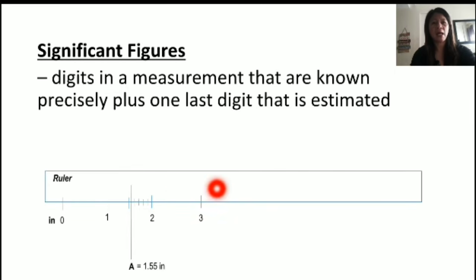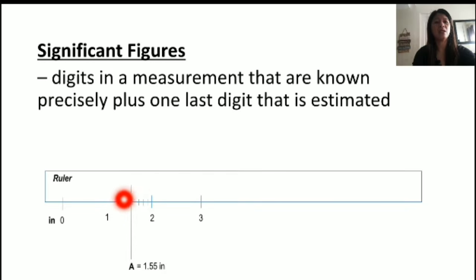If it is exactly along this line, exactly between 1 and 2, of course the measurement is 1.5. But notice the line does not fall exactly on the line between 1 and 2. It is between 1.5 and 1.6, exactly in the middle of 1.5 and 1.6.